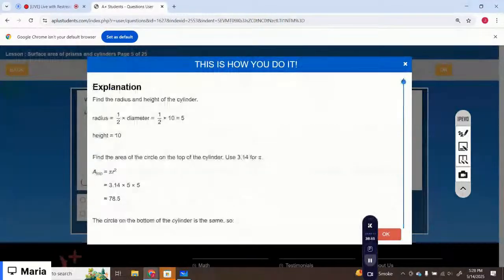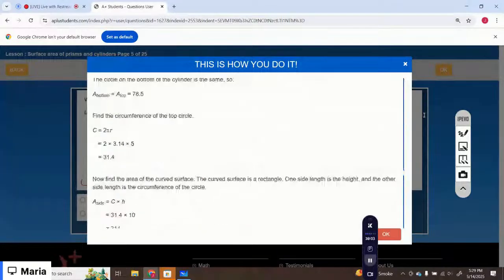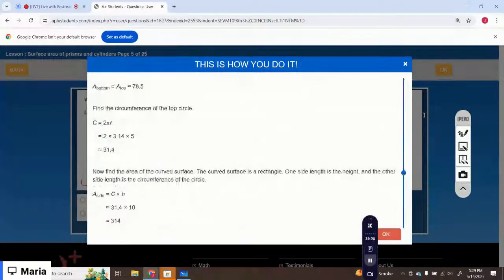First thing you need to calculate is the circle, right? That is A equals pi r squared, that is 78.5. Then you have to calculate the circumference of the circle, that is C, right? So the circumference is 314.